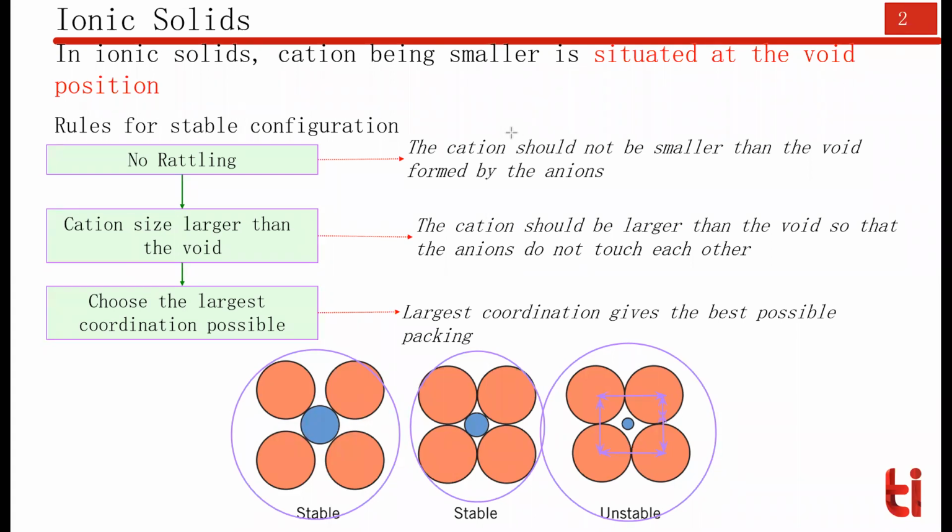So anything which has a positive charge has a smaller physical size as compared to the ions which receive an electron, because any atom which receives an electron becomes negatively charged, but in the process it acquires an additional electron orbit, and because of that the size of the atom increases.